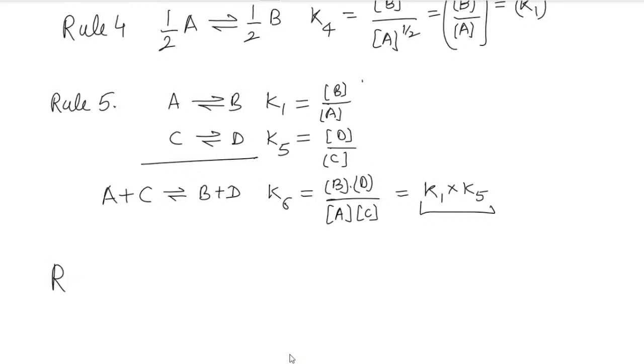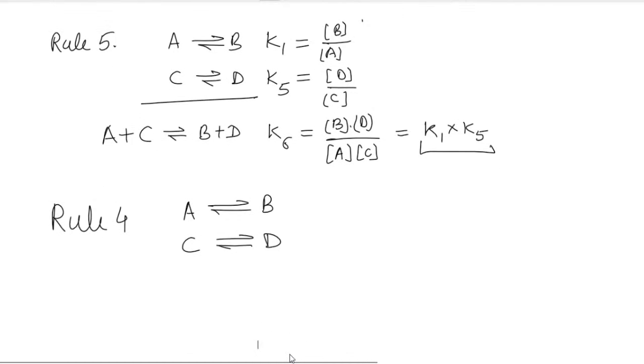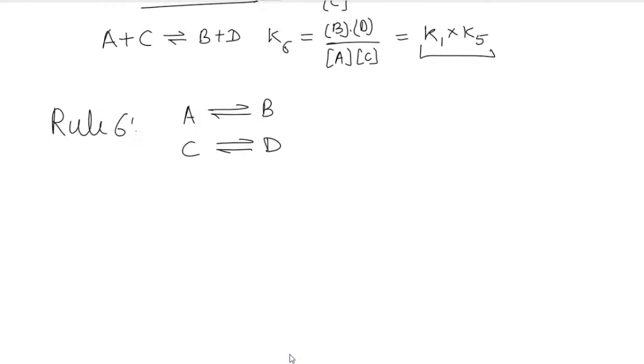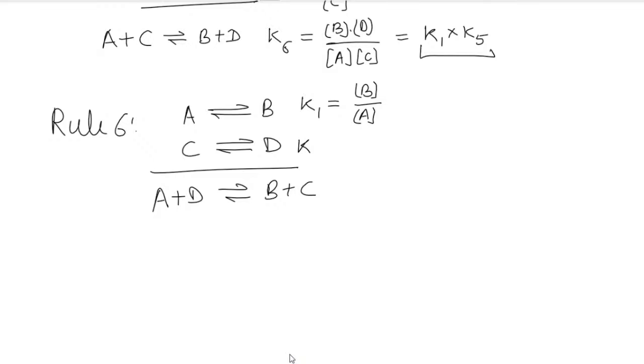Equilibrium constants are multiplied. Now let us subtract. A to B, C to D. So when we subtract them, it becomes A plus D to B plus C. A plus D to give B plus C. So K1 equal to, yes, it is again K5, that is D to C. But now D is on the reactant side, as we are subtracting these two.